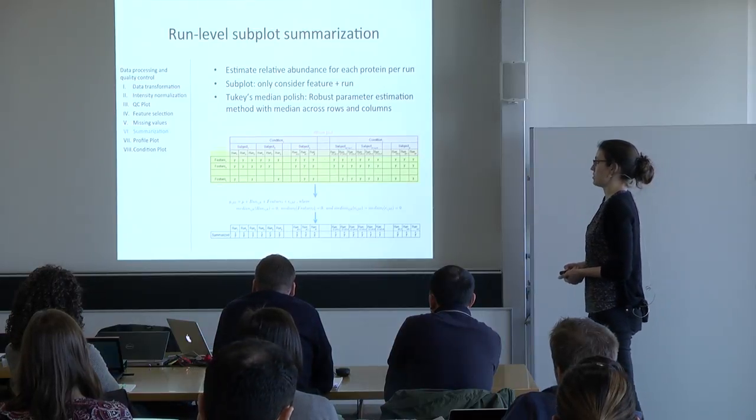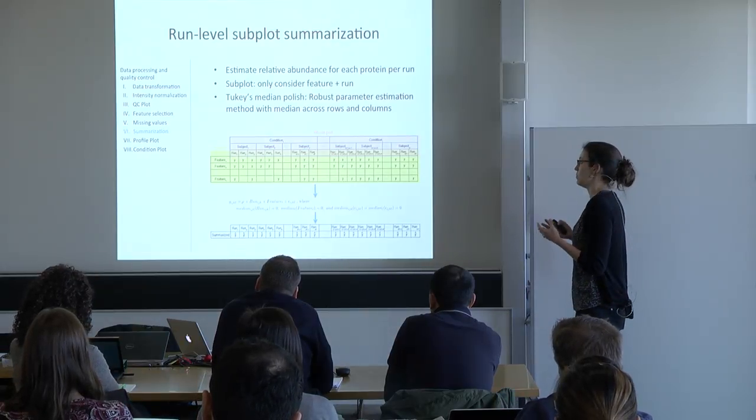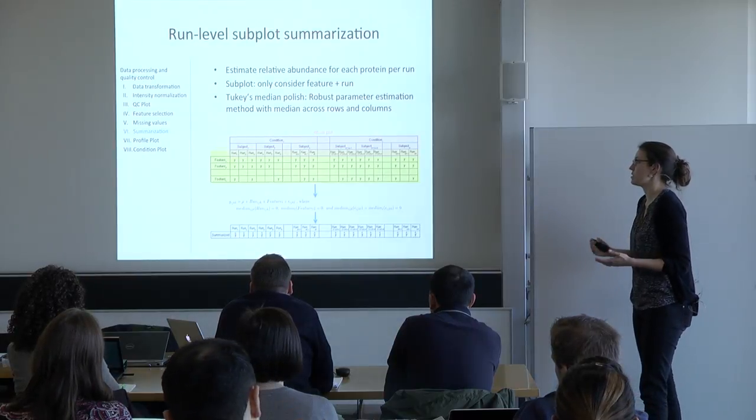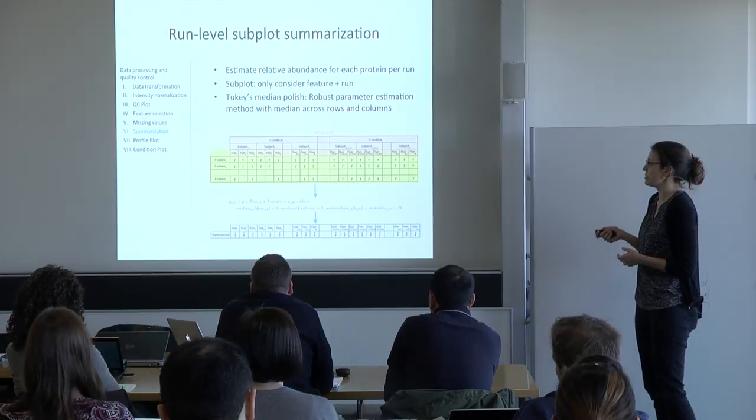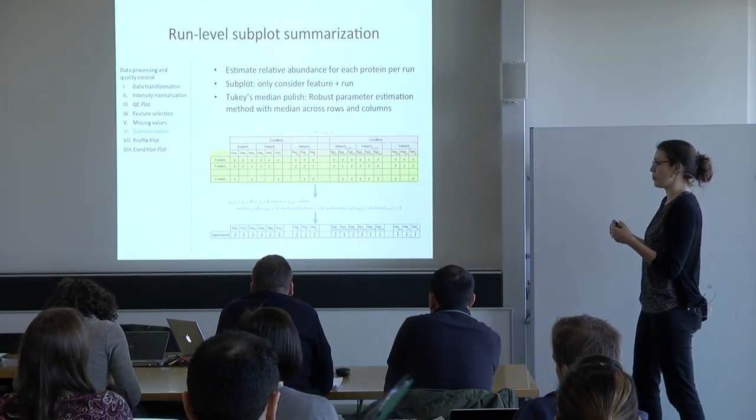And what MSstats does is take a very stable median polish, which is called Tukey's median polish, a robust parameter estimation method, which basically takes the medians across all rows and columns.